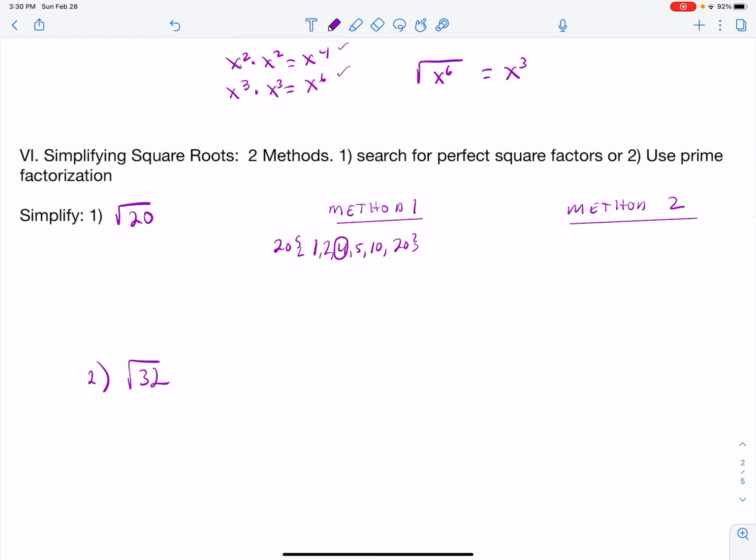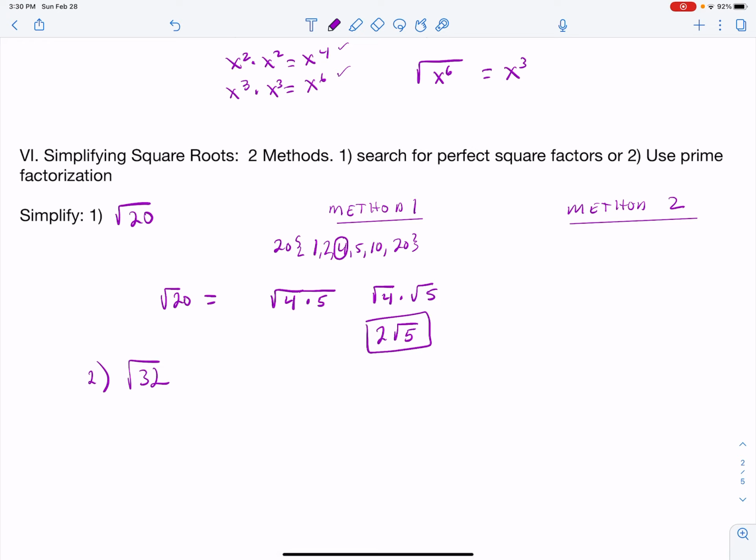So I'm going to use my multiplication, and I'm going to say that square root of 20 equals the square root of 4 times 5. And I can break that up into the square root of 4 times the square root of 5. And I can actually take the square root of 4 because it's a perfect square, 2, times the square root of 5. And now it's simplified.